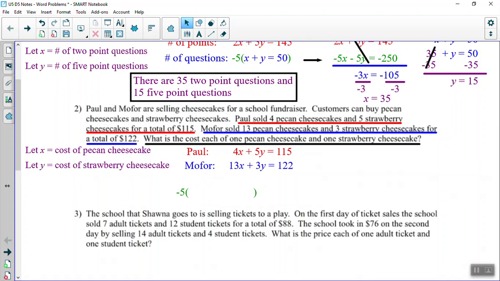All right, so now we need to solve. At this point, I'm not actually going to solve. All right? So to keep your notes short, all we're going to do is set up, and that's it. Leave it at that. Okay? We're just going to set up and leave it at that.